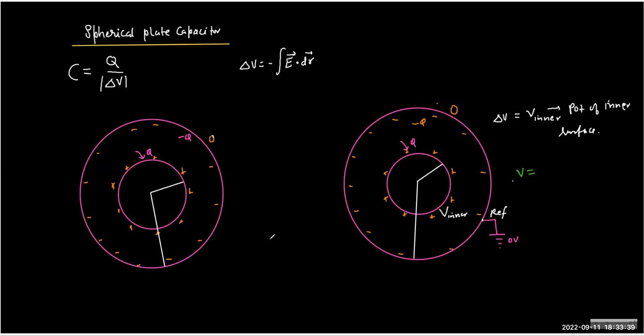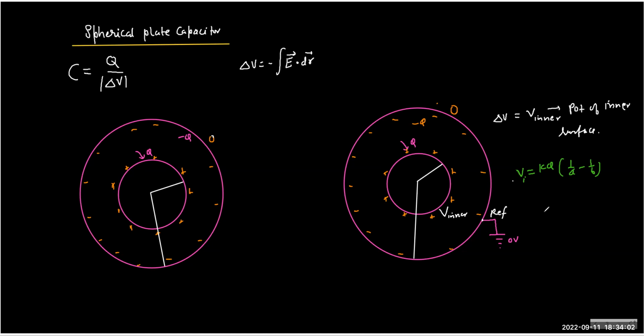Yes, Mukta, tell me. KQ (1 by A minus 1 by B). Correct. So potential of the inner shell is KQ by A because of its own charge, and minus KQ by B because of the other charge.